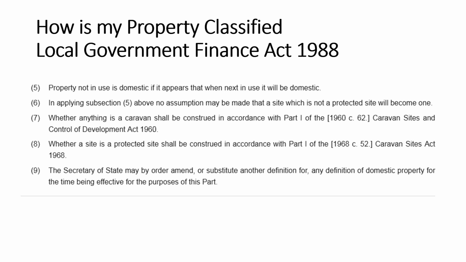I'm not going to get into that. Whether a site is protected shall be construed in accordance with Part 1. Again, I'm not going to get into that. The Secretary of State may order or amend or substitute another definition for domestic property, but right now this is what it's defined as. And when it says the Secretary of State may do it, that doesn't mean your local council can do it, because they don't have the authority of the Secretary of State. So given that information, we are well on our way to proving that domestic property is not the same thing as commercial.